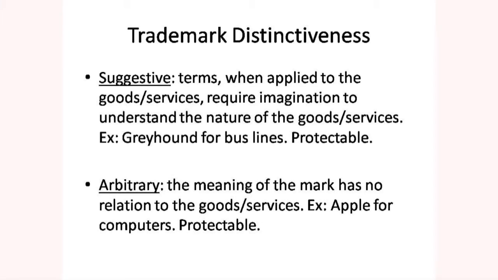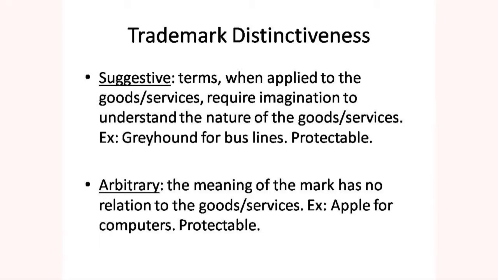So right after descriptive marks, we're going in the spectrum to what we call suggestive marks. Suggestive marks suggest an element of what it is you're selling. For example, Greyhound buses for use in connection with buses. It would be suggestive because you have the word Greyhound that suggests speed, but it is not descriptive either. So you can get protection for a suggestive mark.